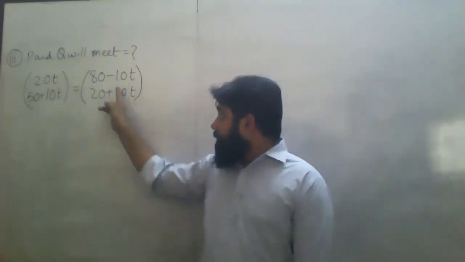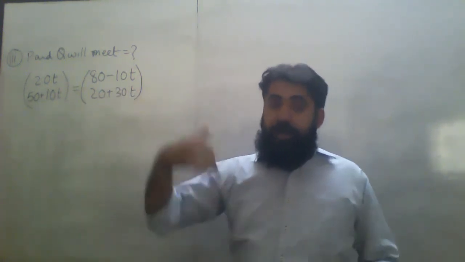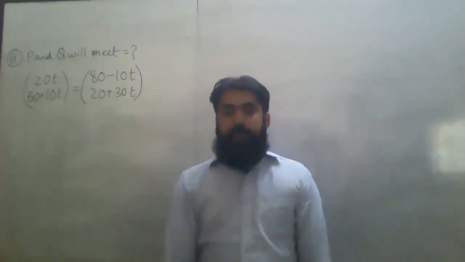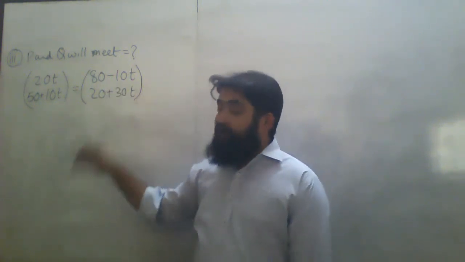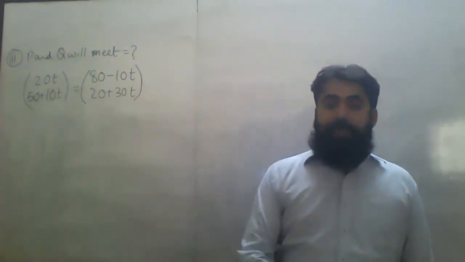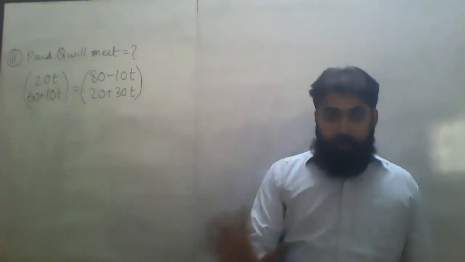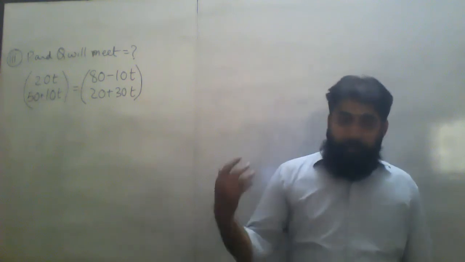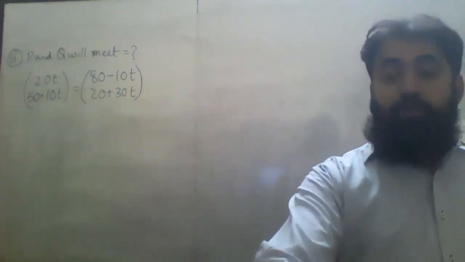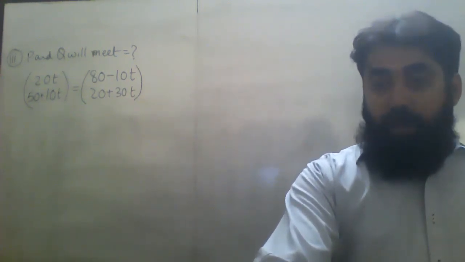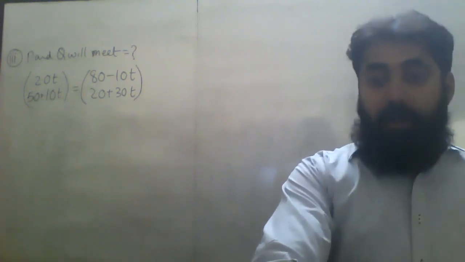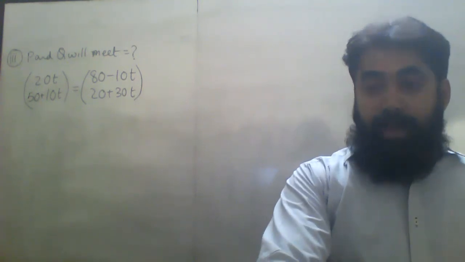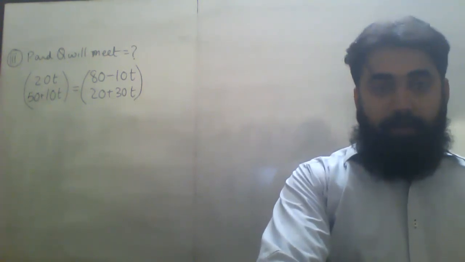But if the t value is not the same, because it should be the same time, whether we are talking about the x-axis or y-axis, it means that P and Q are not going to meet. That's the whole concept. So let's check whether it is meeting or not.